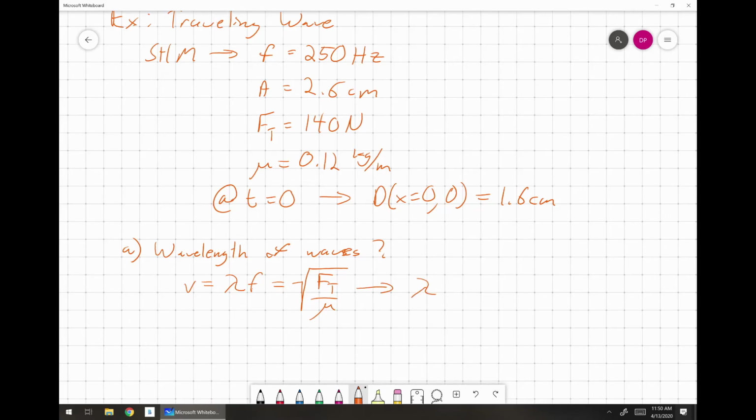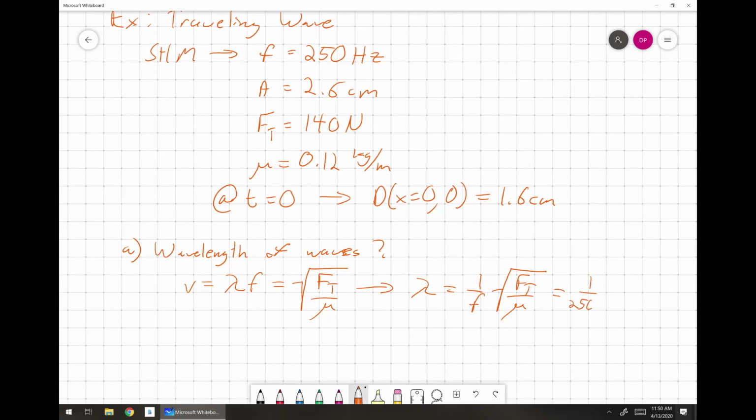And so then this tells us that the wavelength is equal to 1 over our frequency times the square root of our tension force over that linear mass density. And so now we just need to plug in the appropriate numbers there.